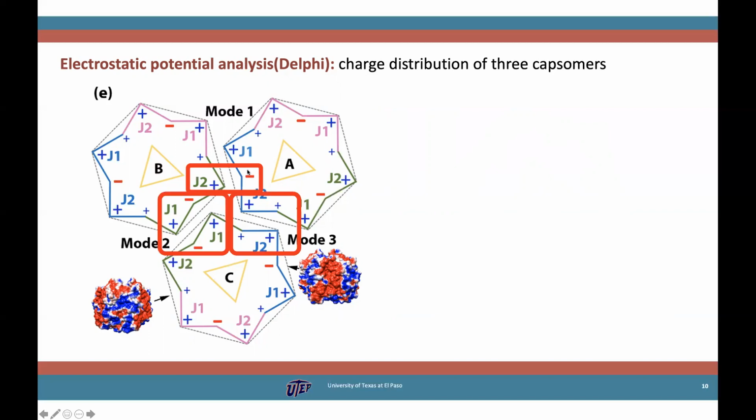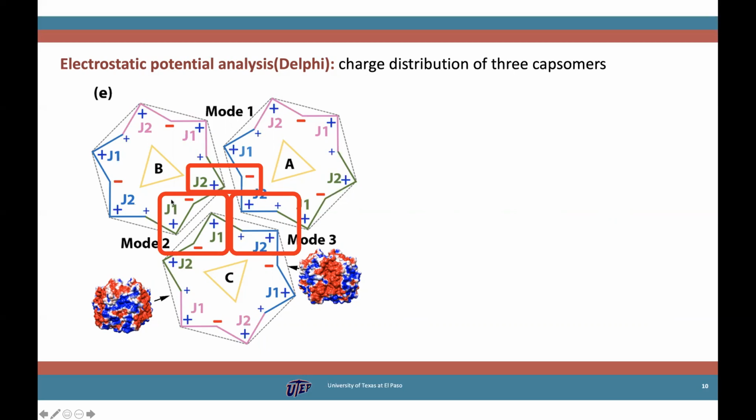First, if you compare the interactions between A and B, here it's positive, here slightly positive, so it generates a repulsive force. But here, positive, negative, it's an attractive force, and a strong attractive force.